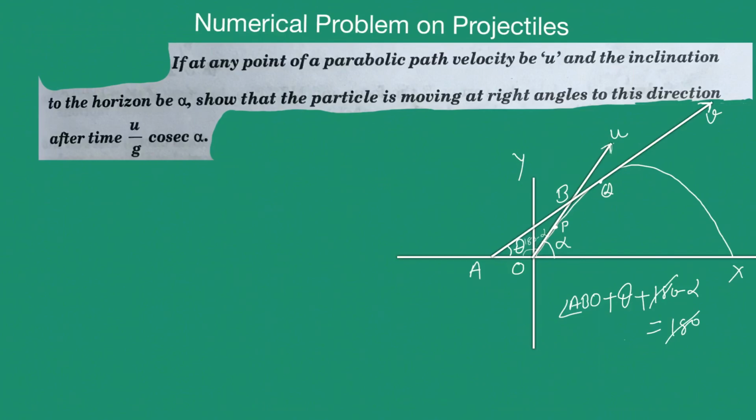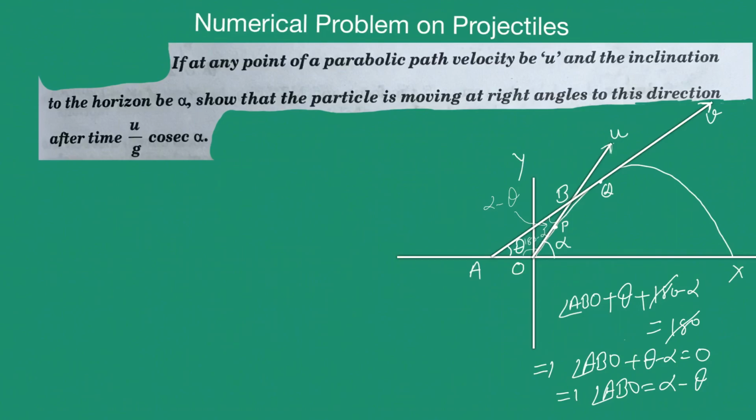This will cancel out. This implies that angle ABO plus theta minus alpha is equal to 0, implies angle ABO is equal to alpha minus theta. So this angle is alpha minus theta.